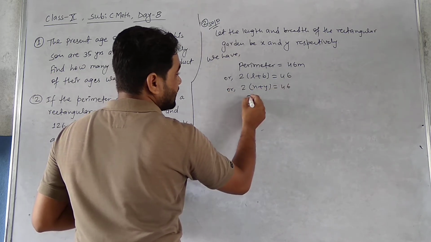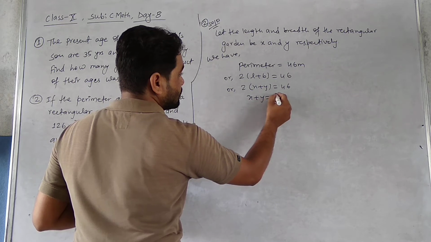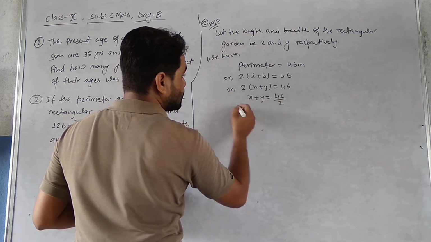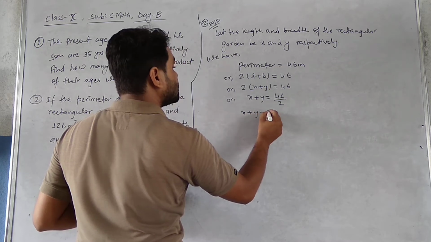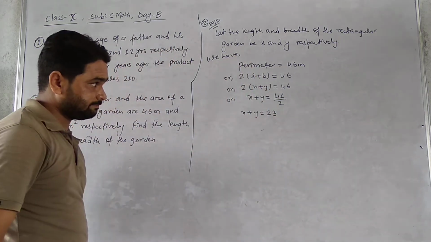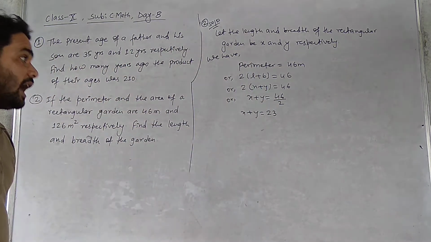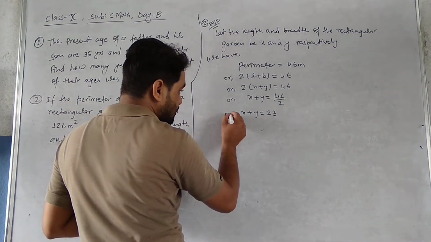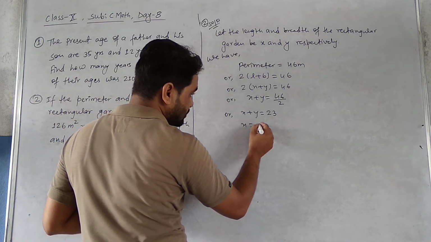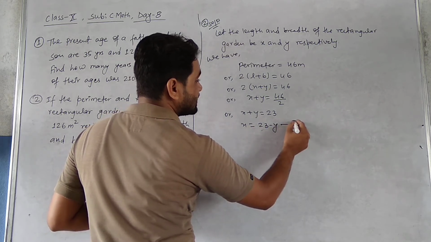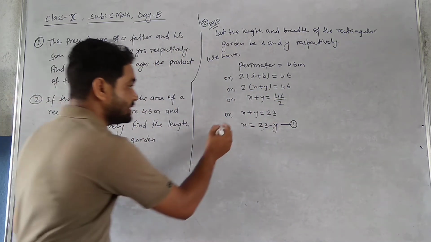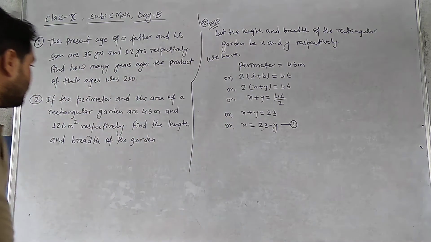This is x plus y equals to 46 by 2. That means x plus y equals to 23. Let's apply substitution, then x equals to 23 minus y. We can write this as the first equation.